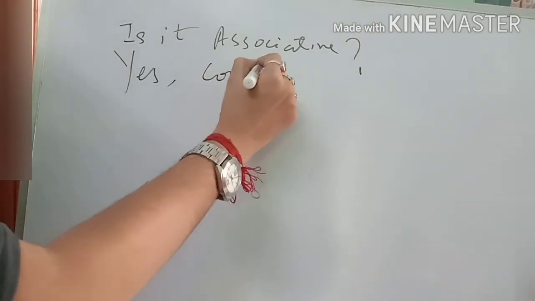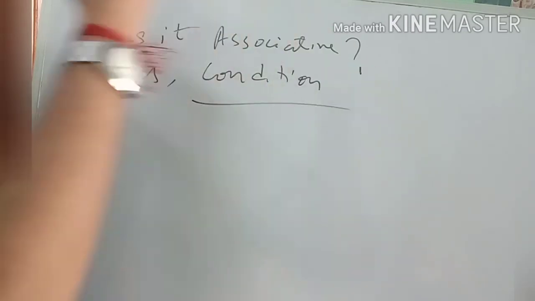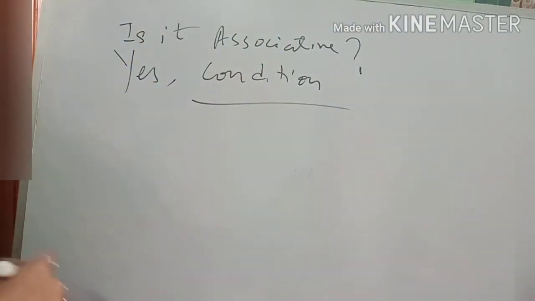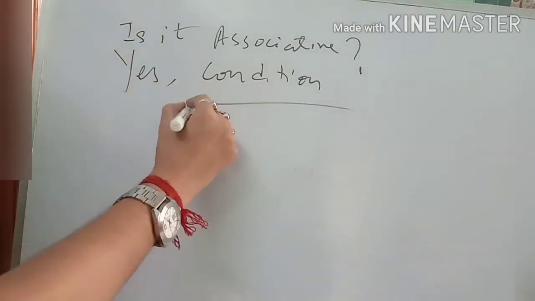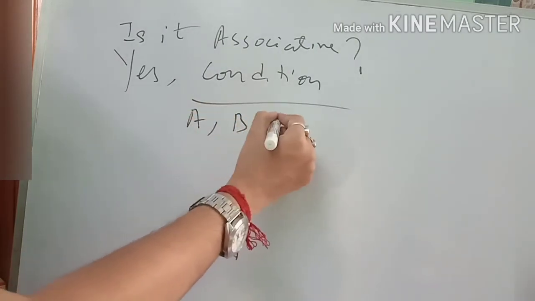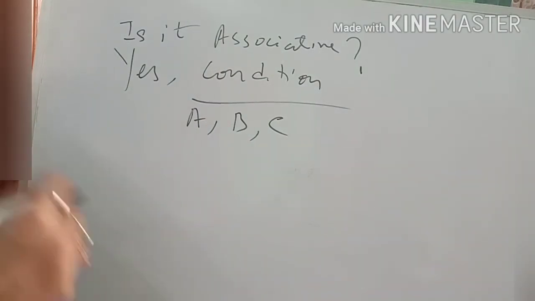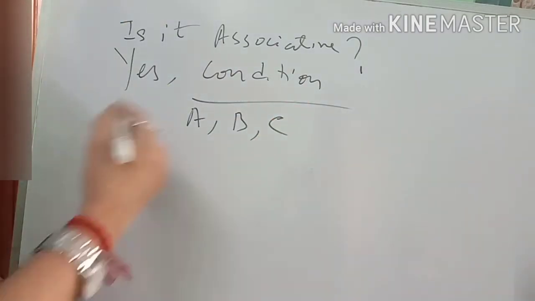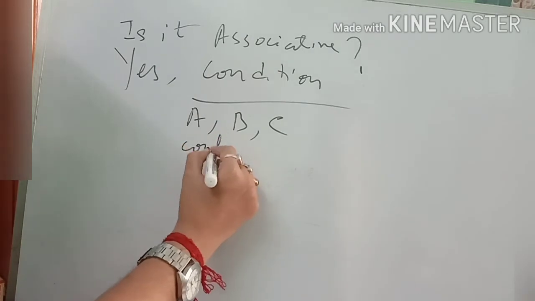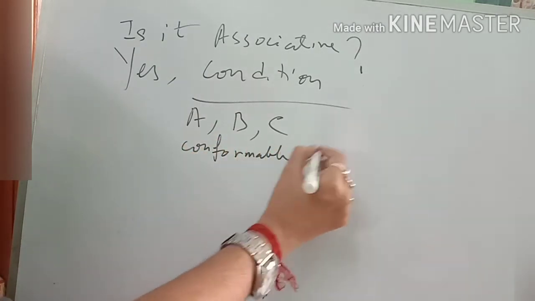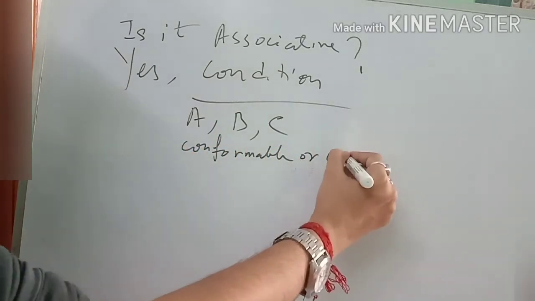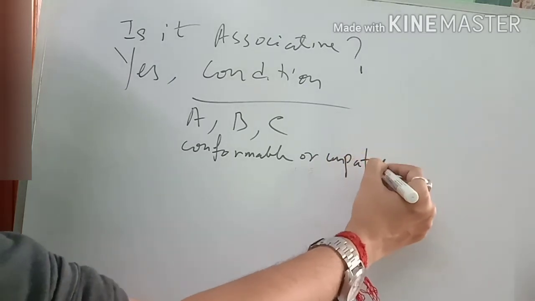Condition. What is the condition? Condition is that matrices A, B, C all must be conformable or compatible for multiplication.